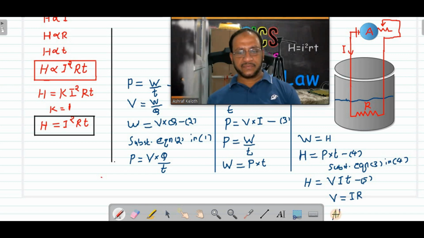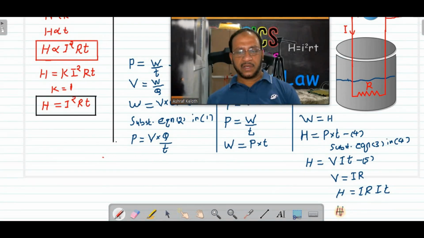H is equal to V, I am putting I into R, then again I into T. I into I is what? I square. So the final equation is H is equal to I square RT. That is Joule's law, isn't it? Yes. So mathematically also, what we obtained by physical experiment, the same result we are getting by mathematical equation also.